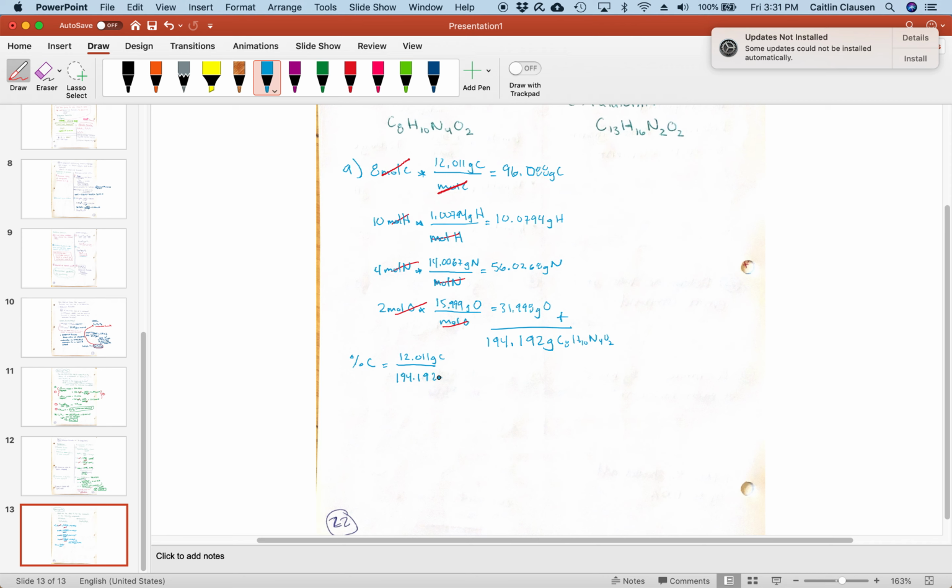I'm going to show this as an example. And note that I am doing the same thing for the other elements, but I'm just not showing it. So for hydrogen, it would be grams of hydrogen. So the 1.00794 on top divided by the molar mass times 100.